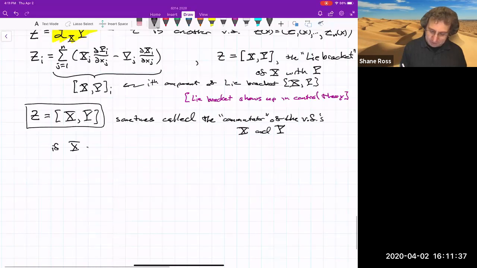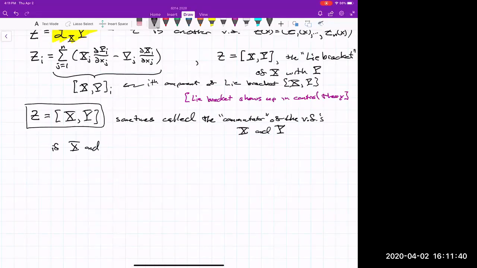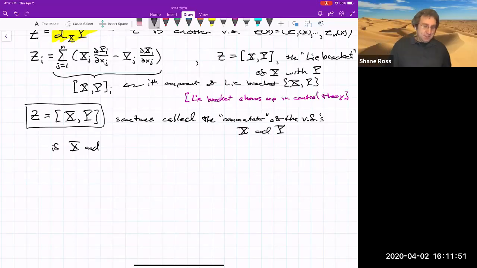If X, was there a question? Yes. Does this relate to quantum mechanics stuff like momentum and position commutation relations? I don't know off the top of my head. For the matrix stuff, yes, because in quantum mechanics you can write measurements in terms of matrices, so if an observable corresponds to something, you write it as a matrix.